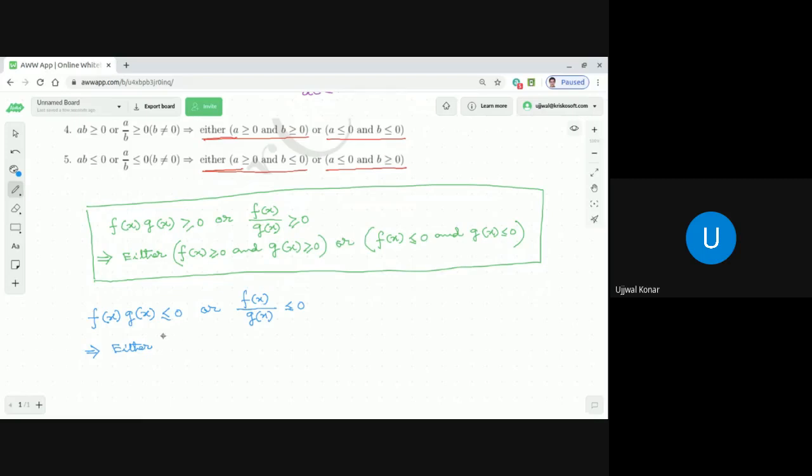Either we can say f(x) is greater than equal to 0 and g(x) is less than equal to 0, or f(x) is less than equal to 0 and g(x) is greater than equal to 0.